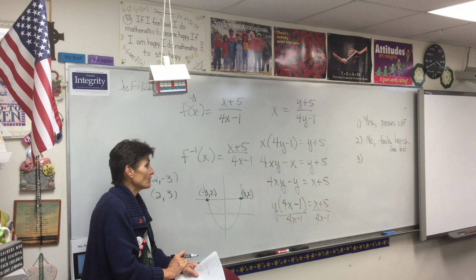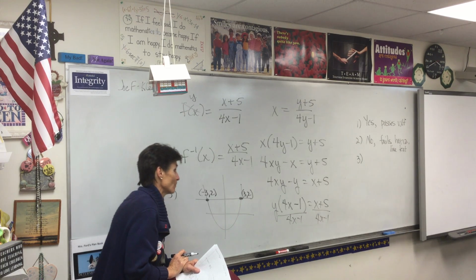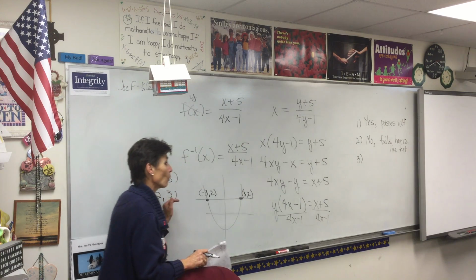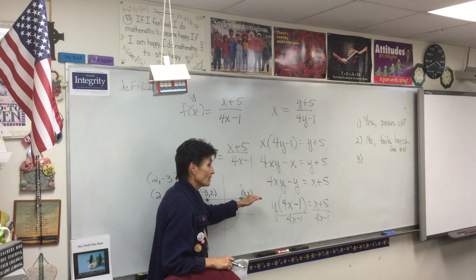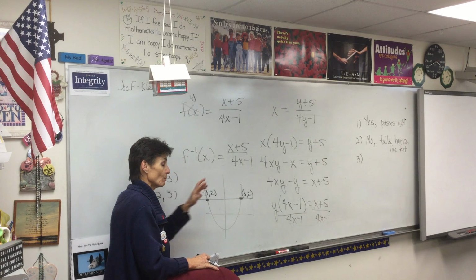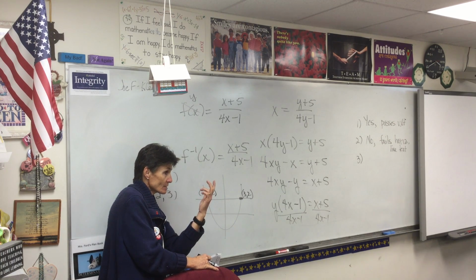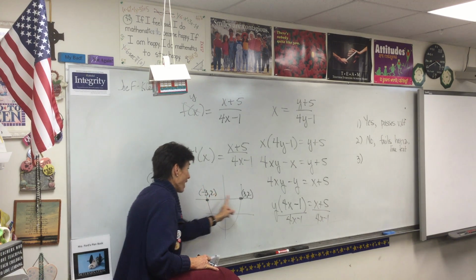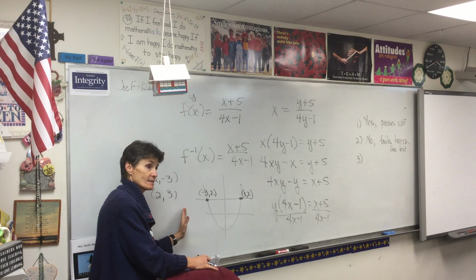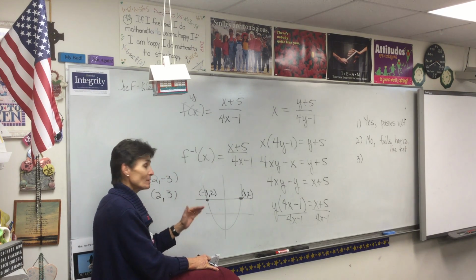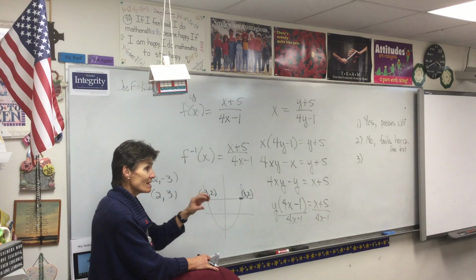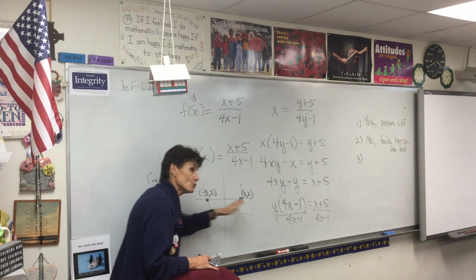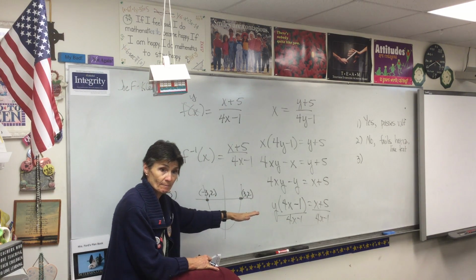If you wonder about the inverse, you have to do the horizontal line test. Because when we switch the ordered pairs, the y's are what become the x's. So when someone says to you, is the inverse a function, do the horizontal line test.